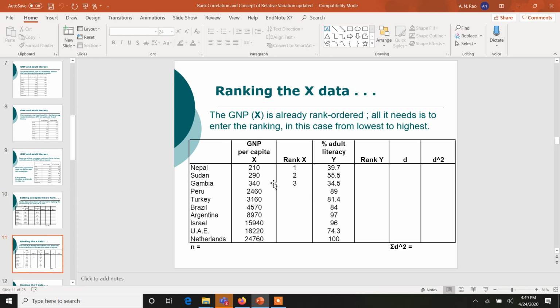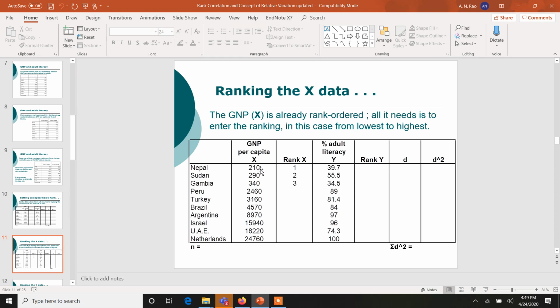So how to rank? You can actually do the ranking either in ascending order or in descending order. But if you rank X in ascending order, then you should also rank Y in ascending order. It's not that you can mix, like ascending order for X and descending order for Y; that will be incorrect.